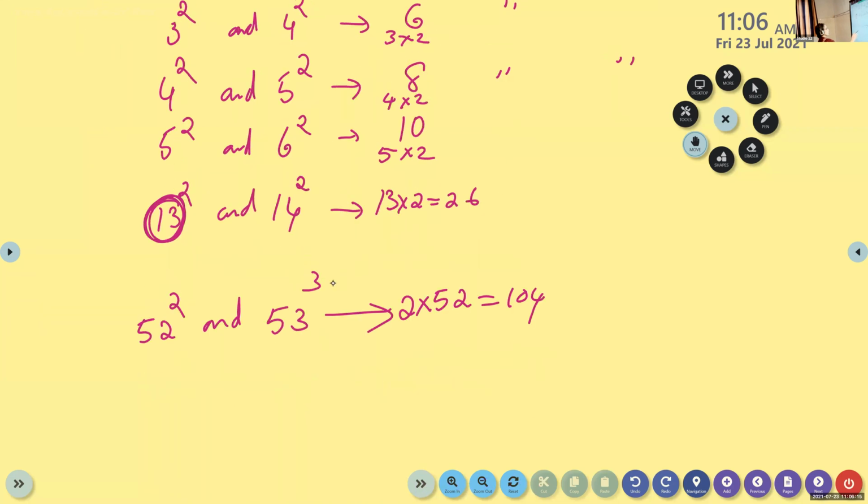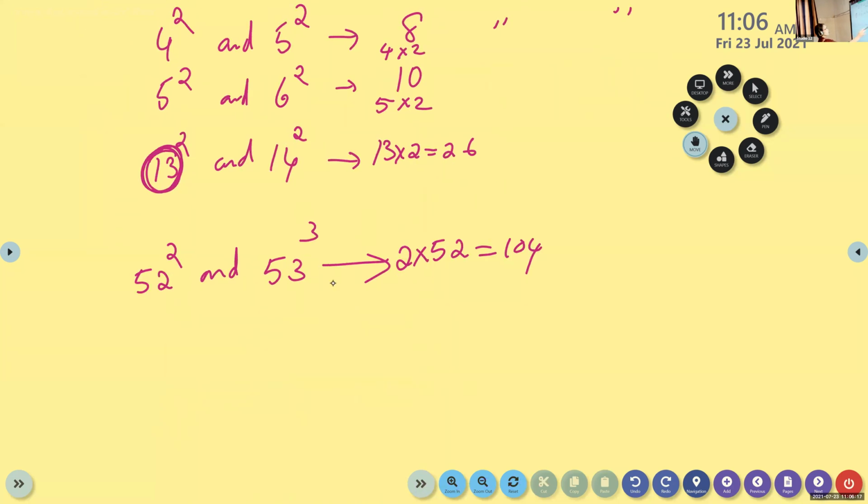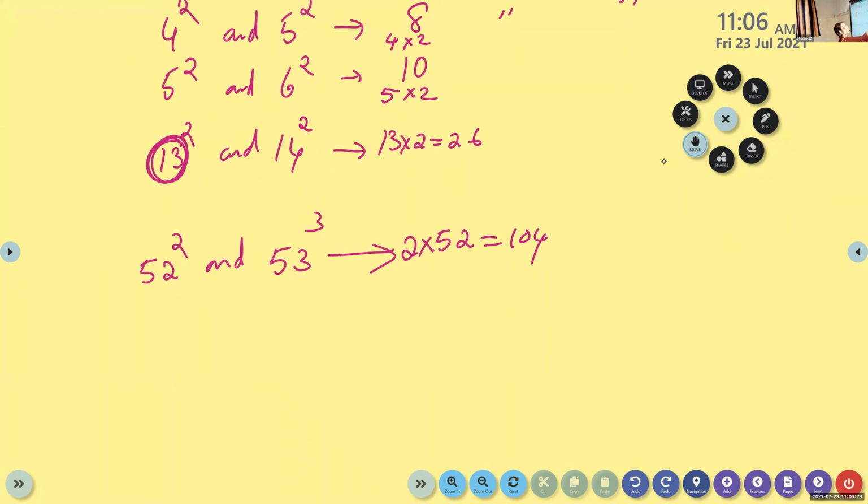Between 52 square and 53 square, 2 into 52. So between 11 square and 12 square, how many non-perfect square numbers are there, Nasreen?